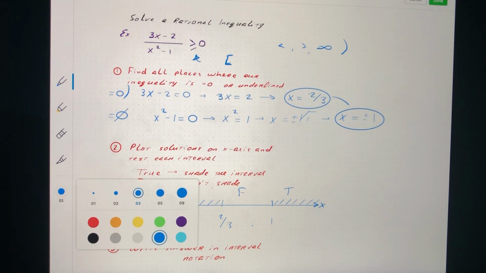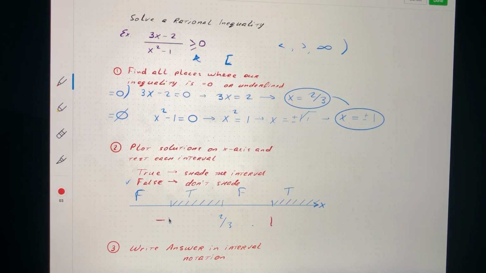And -1 and +1 are exactly the places we said cannot happen. This is what makes our question undefined, these two solutions. So even though our original question came with an equal sign, we are not going to use a bracket on these. We will use parentheses. So -1 gets parentheses, and 1 gets parentheses.